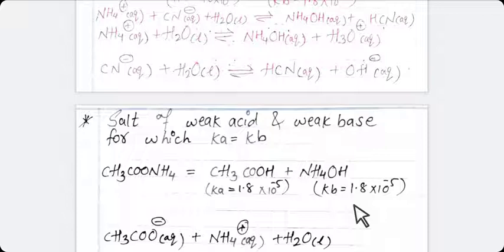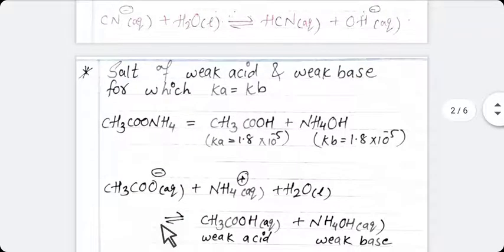When the salt ammonium acetate is dissolved in water, it undergoes hydrolysis and we get the reaction. CH3COO-, the acetate ion, and NH4+, the ammonium ion, react with water and give a weak acid and a weak base again, acetic acid and ammonium hydroxide.